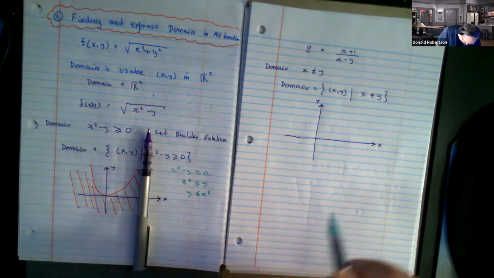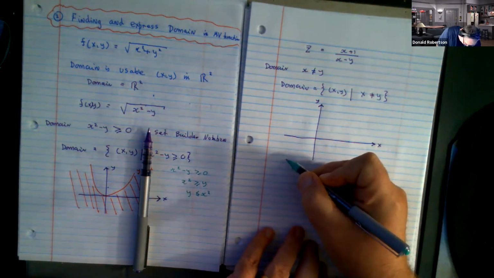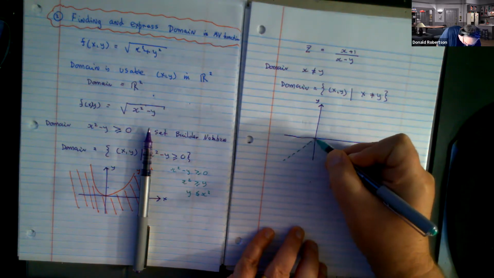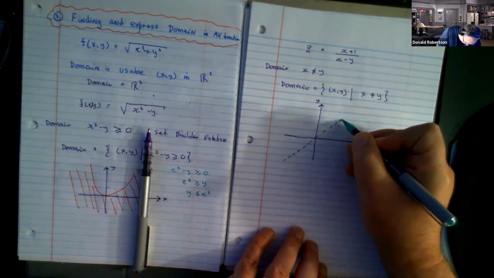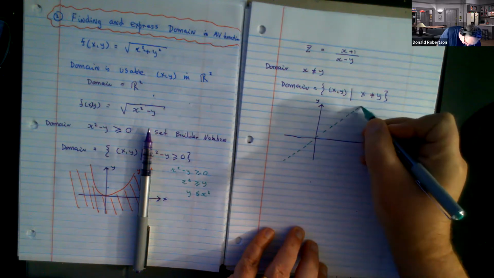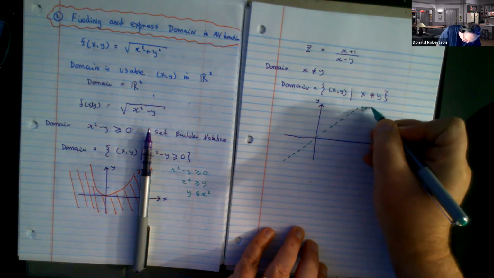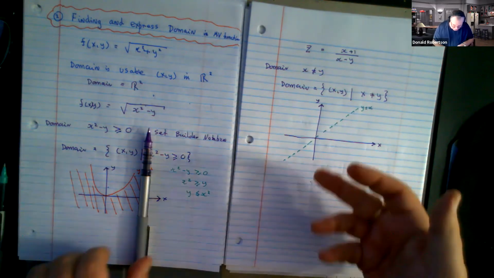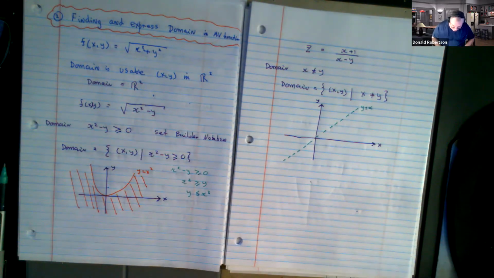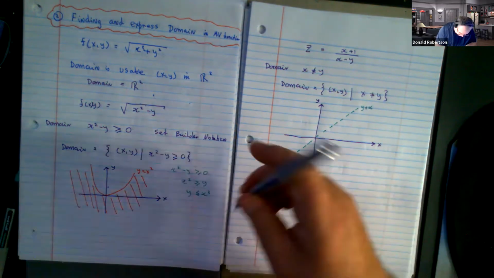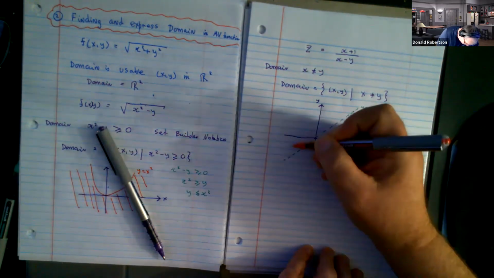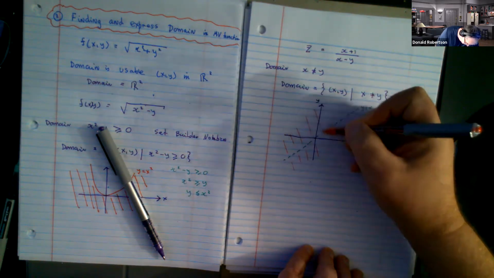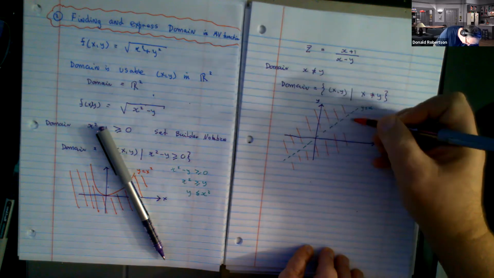So if I draw this guy as a dotted line, and a dotted line in the convention of graphs like this means you do not use points on that line. But I want everything else except it. So basically, the domain is the rest of the universe except that line.